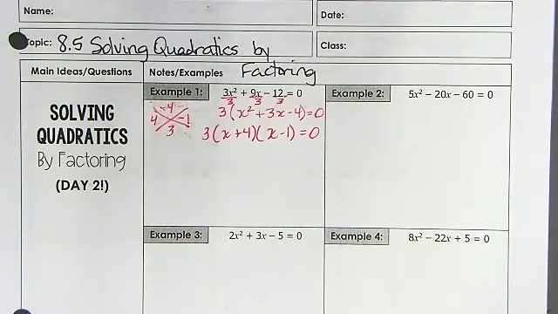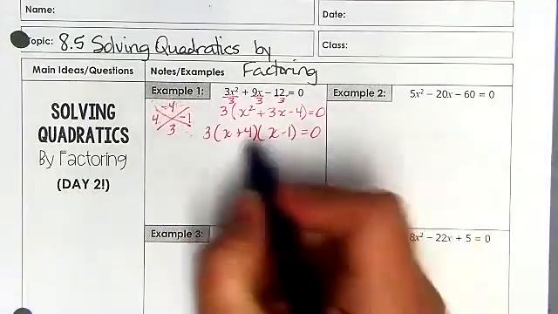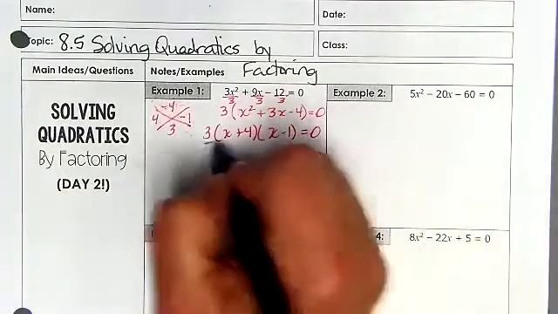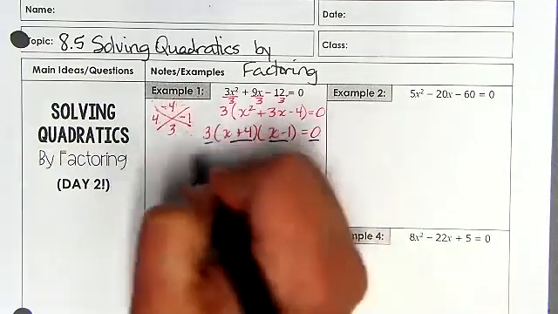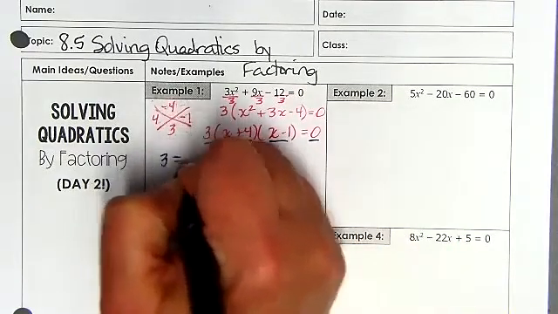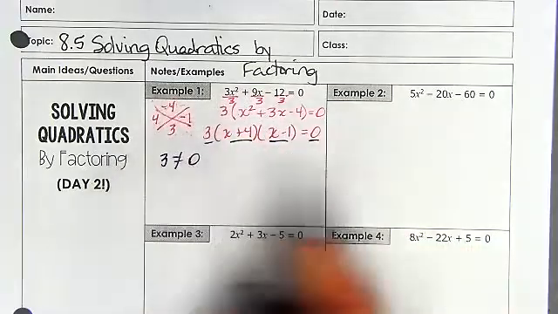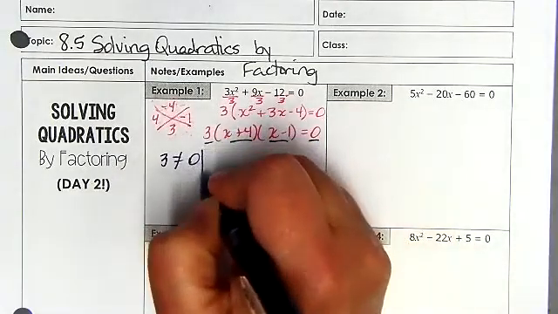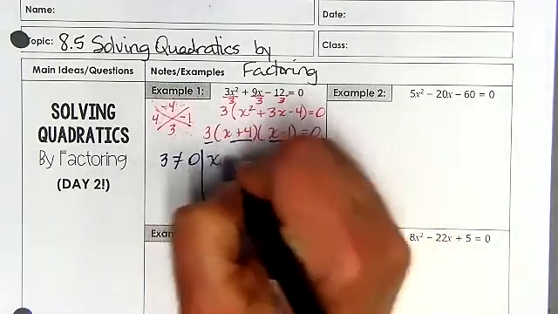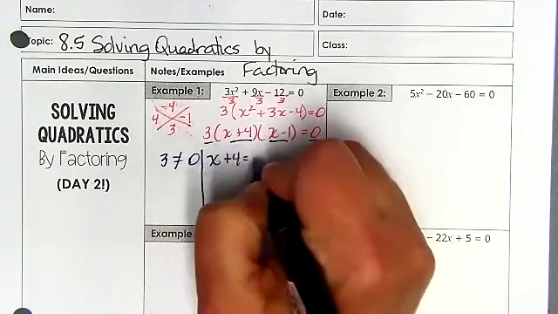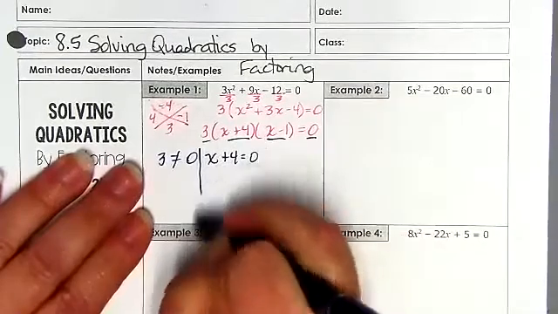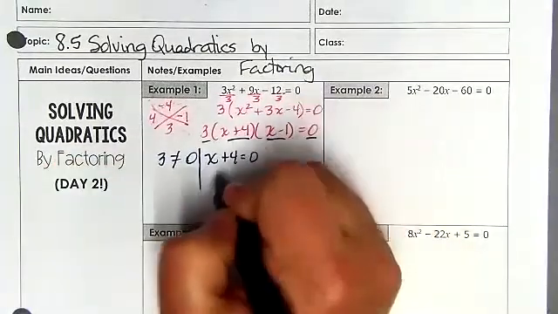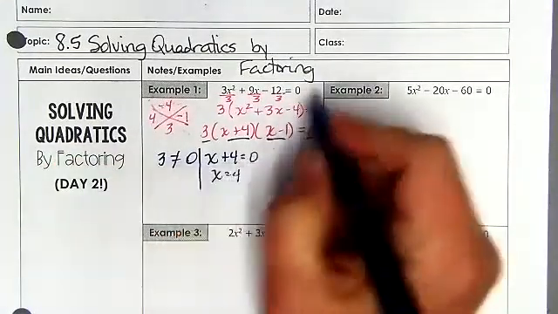Our storms have begun. Okay, so, well, we have to set each factor equal to 0. Okay, well, I can't have 3 equal to 0. That's not possible. So it's an irrelevant solution. Then we have x plus 4 equals 0, which is going to be x equals negative 4.